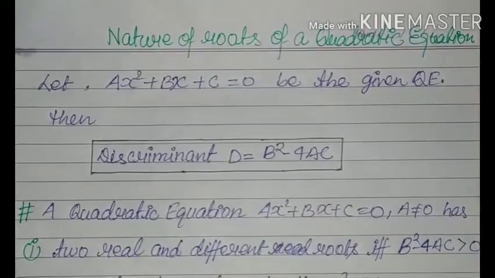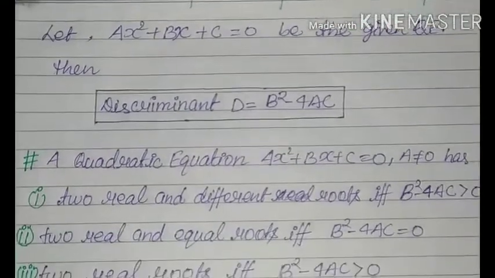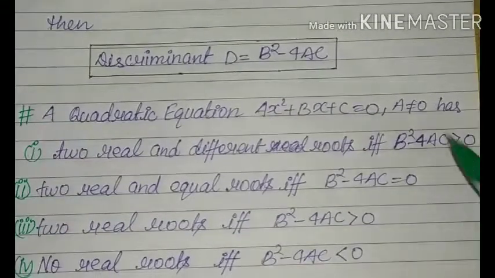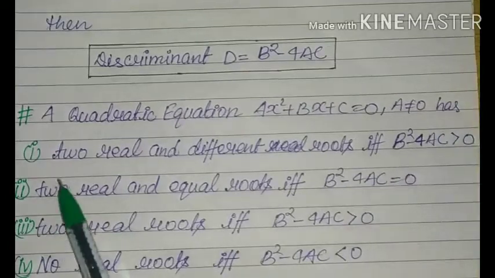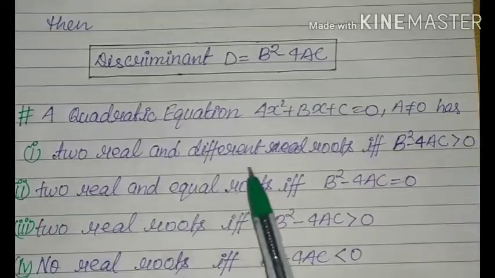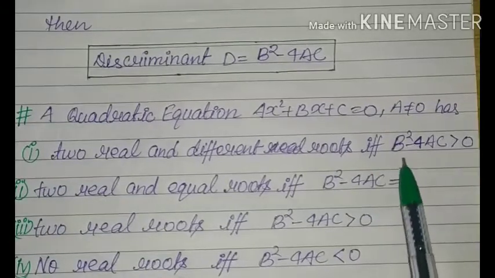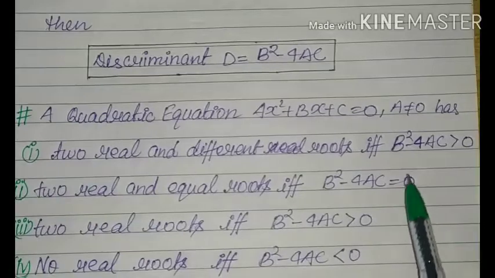Okay. Further, a quadratic equation ax square plus bx plus c equals 0, where obviously a is not equal to 0, has, in the first case, two real and different roots if and only if b square minus 4ac is greater than 0. What does it mean?